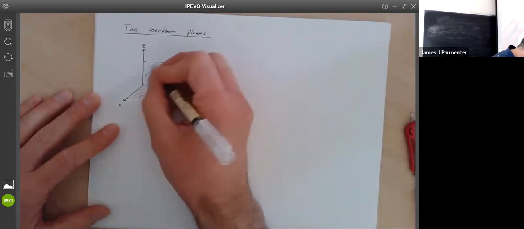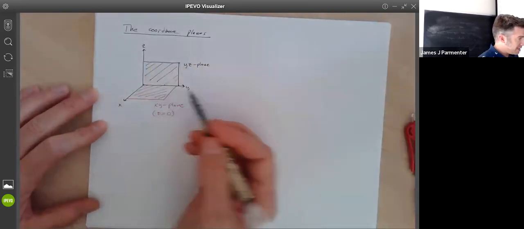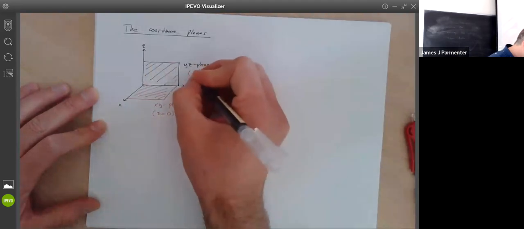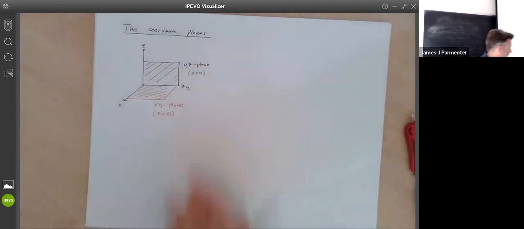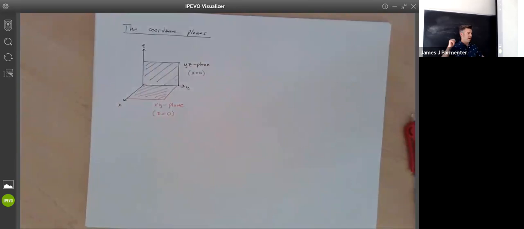Just like how in the XY plane, z is 0, in the YZ plane, x is 0. You're on the board. You haven't moved forward or backwards. You can move left, right, up, down, but you can't move forwards, backwards.